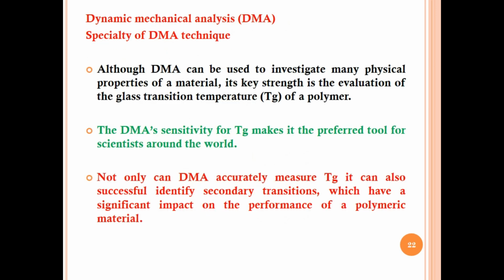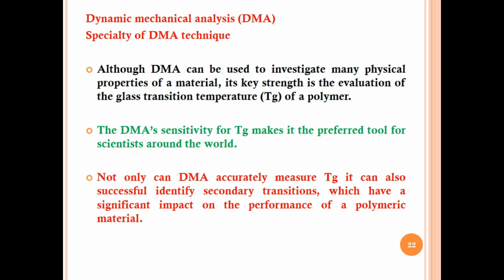What is the specialty of the DMA technique over the other thermoanalytical techniques, meaning DSC, differential scanning calorimetry, or TGA, thermogravimetric analysis? What is the specialty of this technique? Although DMA can be used to investigate many physical properties of material, its key strength is the evaluation of the glass transition temperature of the polymer.